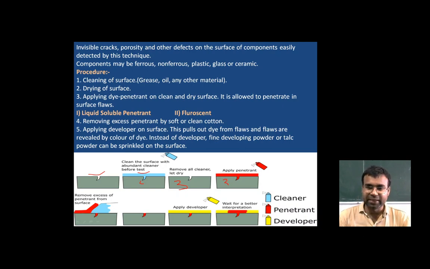Then we apply the penetrant in the fourth position. As you can see, the penetrant fills the crack, like this one. We remove the excess penetrant from the surface and let it settle easily inside the flaws.